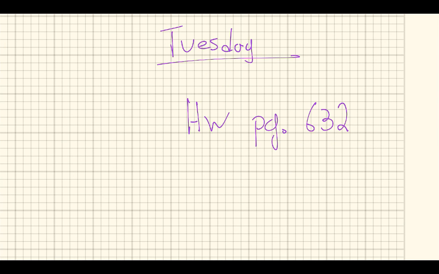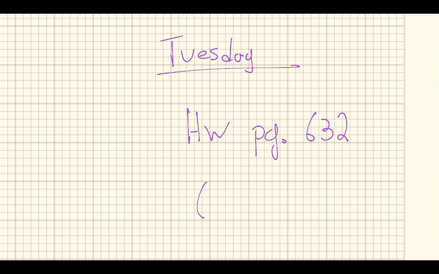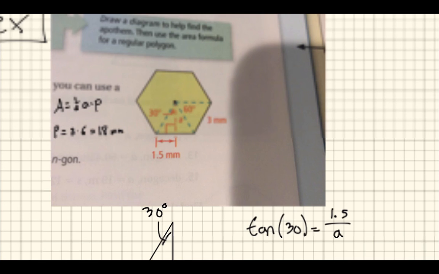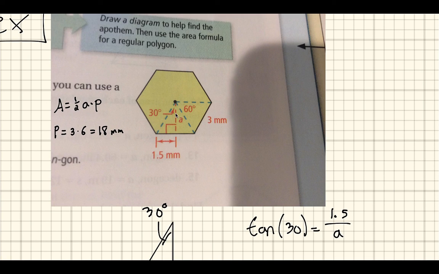Let's try 22, which if I'm looking at 22, they give you the apothem. It's very similar to the last one we just did, except they gave you the apothem. Here, I'll scroll up. They gave you the apothem, and they want you to find the side length here to get the perimeter.